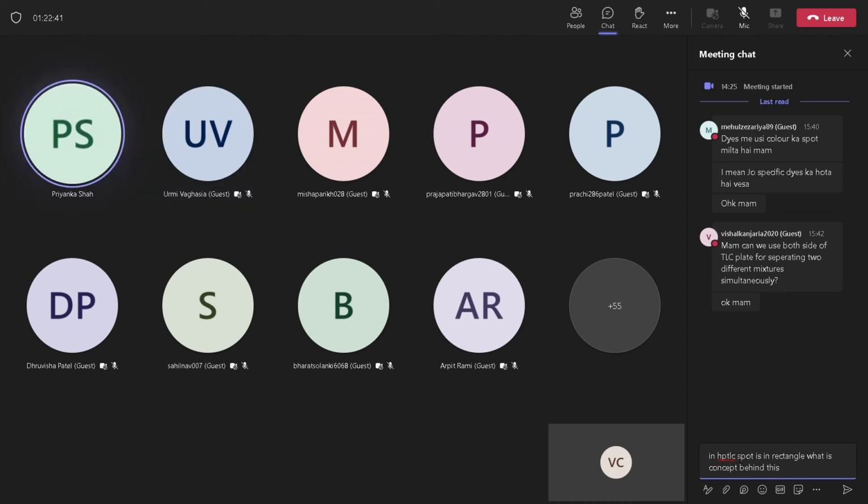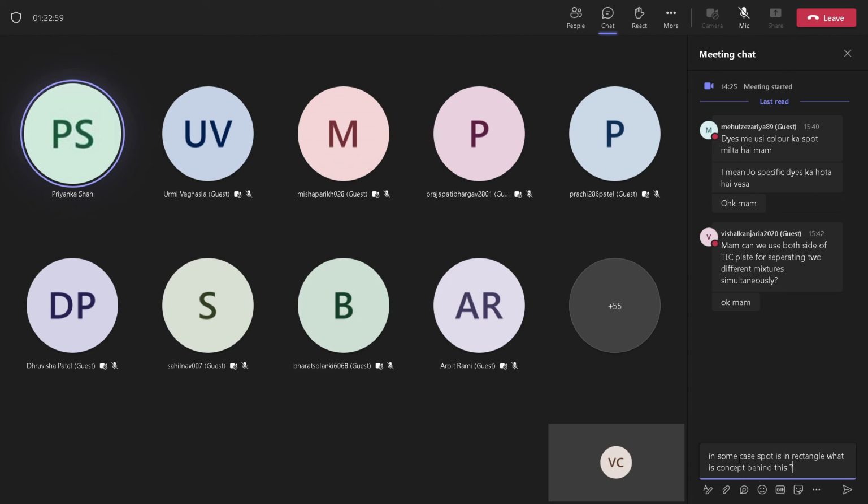In case of your unknown compound, when you are analyzing your unknown compound, then there will be no standard. You have to do characterization of that unknown compound.